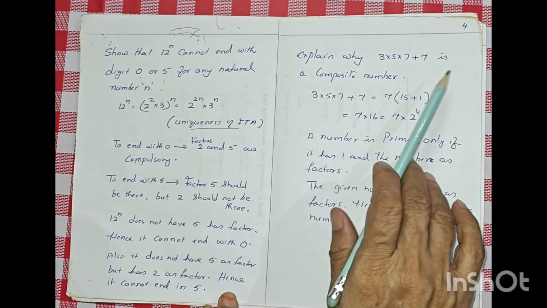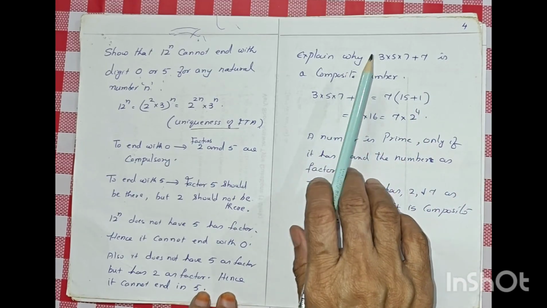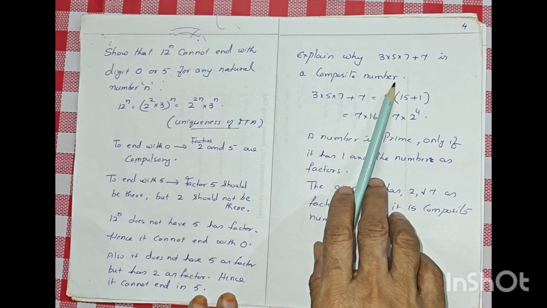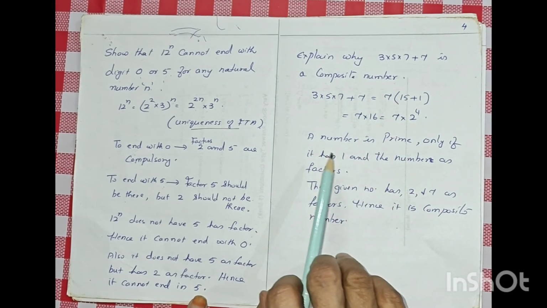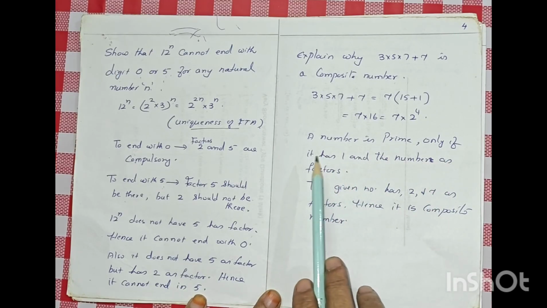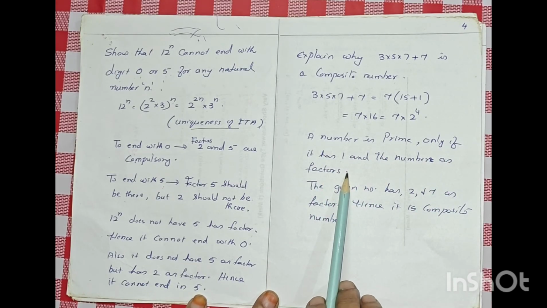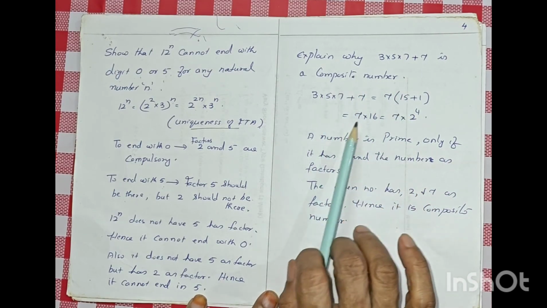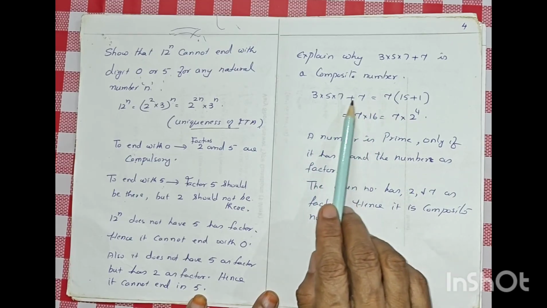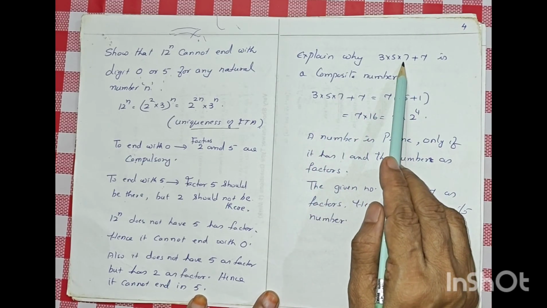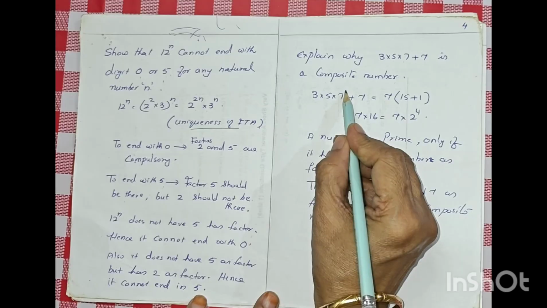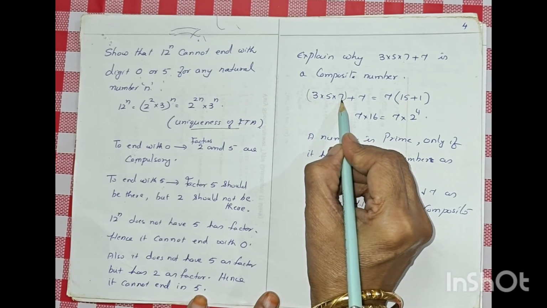Now, another type of question which comes for your exam is, explain why this is a composite number. As I told earlier, a number is prime only if it has 1 and the number itself as factors. Now, we will write this number simplified. We will take 7 common. 3 into 5 into 7 is one term.